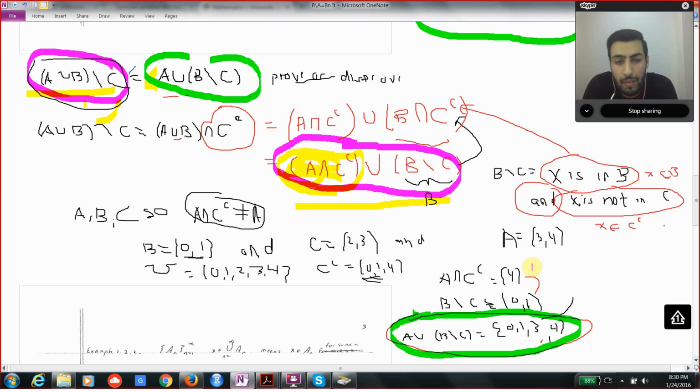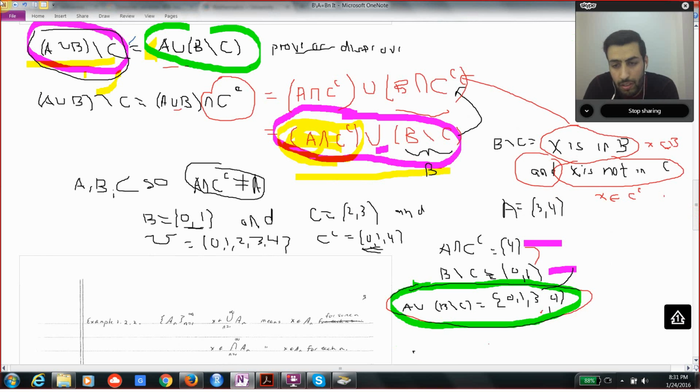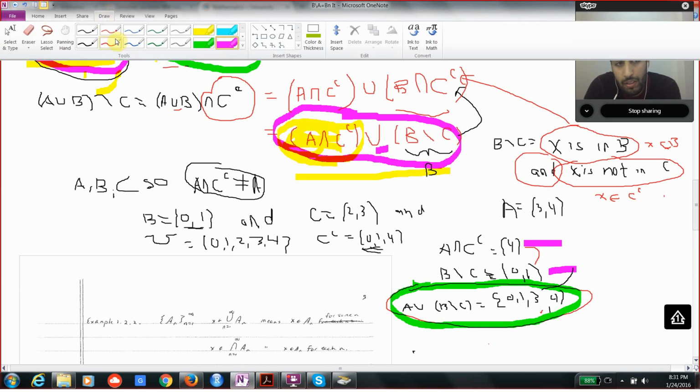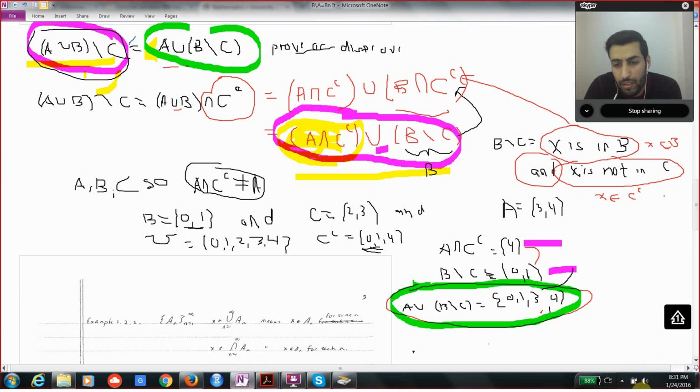So notice we have A intersection C complement, and we have B subtracted from C, right? So I can take their union, right? And so let's, bingo, exactly. So now we can see those two things are definitely not the same, right? Exactly.